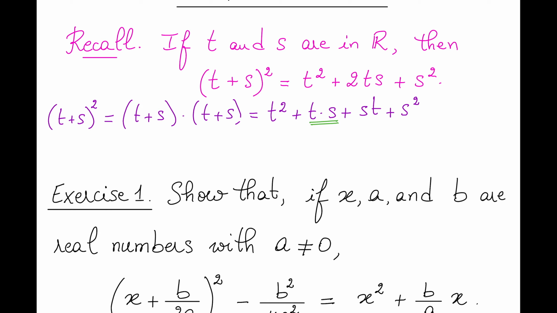And t times s and s times t are the same because multiplication is commutative. The order doesn't matter when you multiply. So this is 2 times ts, or 2 times st, and as such we get the right-hand side of that pink equation above, right?